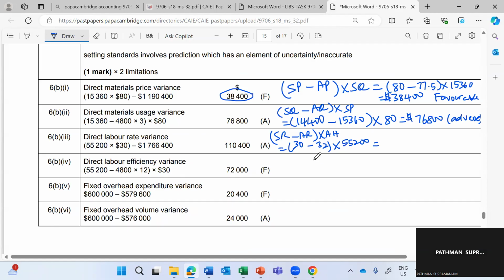As you can see, we are paying a higher rate than what we should pay. Okay, so from there, you know your answer is going to be adverse. So this will give us an answer of $110,400 adverse. Okay.